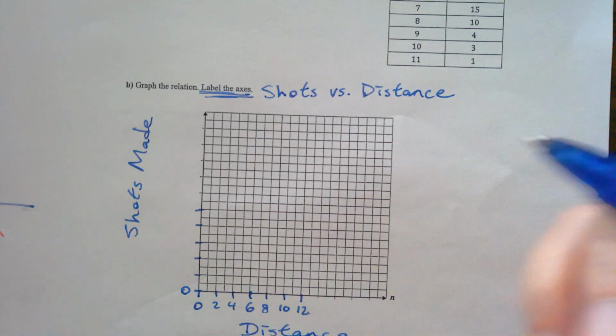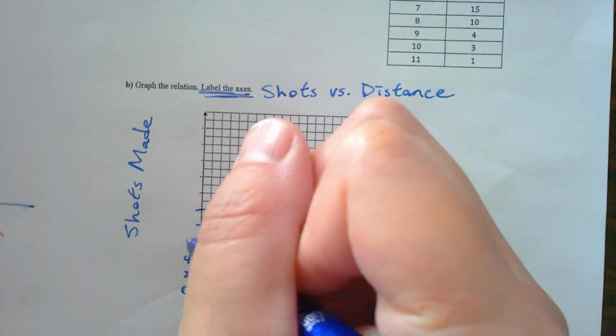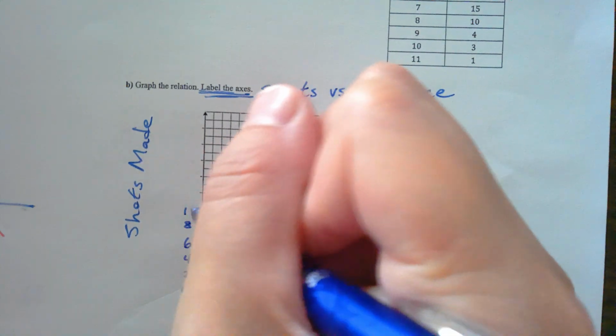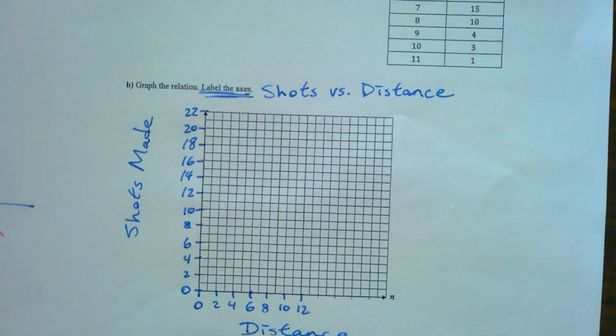I think we could just still do that. We're off by a little bit, but it's okay. 12, 14, 16, 18, 20, 22. Oh, perfect.